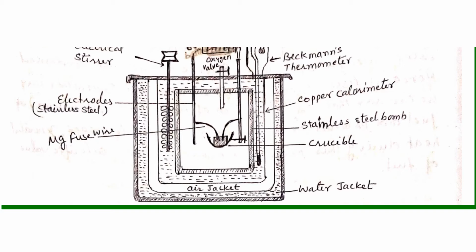To one of the electrodes a small ring is attached, and in this ring we have to keep a crucible made from stainless steel, nickel or platinum, where we keep the fuel, either solid or non-volatile liquid fuel.